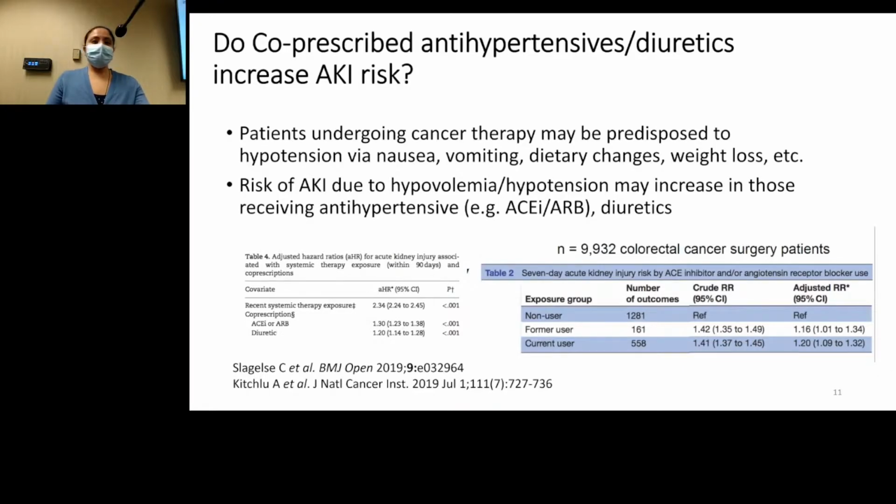Do co-prescribed antihypertensives and diuretics increase their AKI risk? There are some studies which have shown that the risk of AKI may increase in these patients who are probably just continuing their ACE inhibitors and diuretics, because they have a high risk of volume depletion.